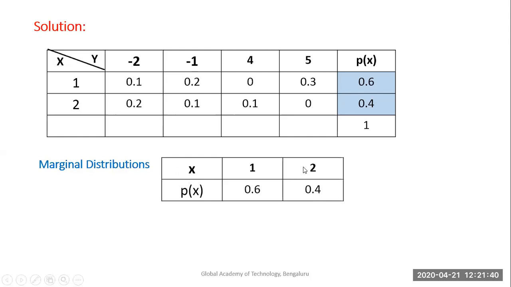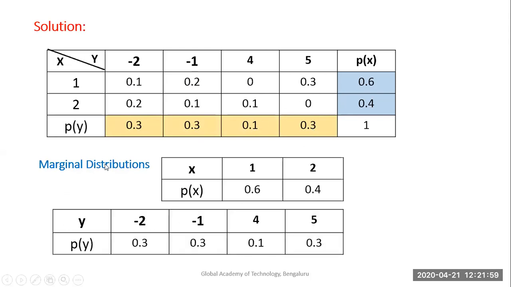This is the marginal probability distribution for the random variable x. Similarly, to find the marginal distribution for the random variable y, add each column. 0.1 plus 0.2, that is 0.3. This is 0.3. This sum is 0.1. This sum is 0.3. So the marginal distribution for y is given by this table. These are the marginal probability distributions for x and y.